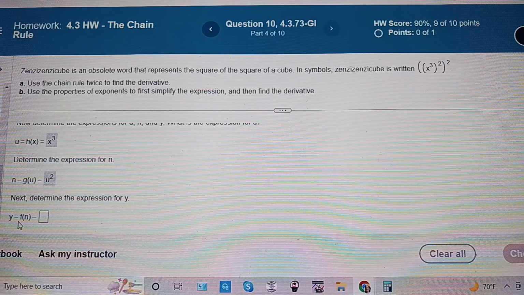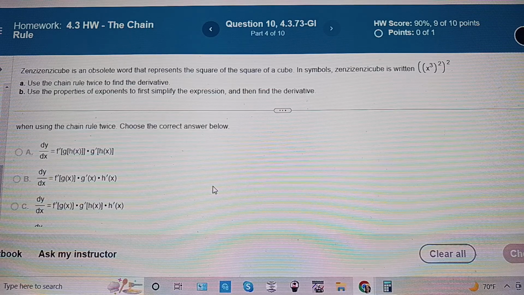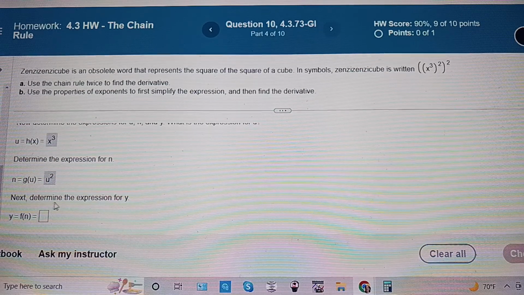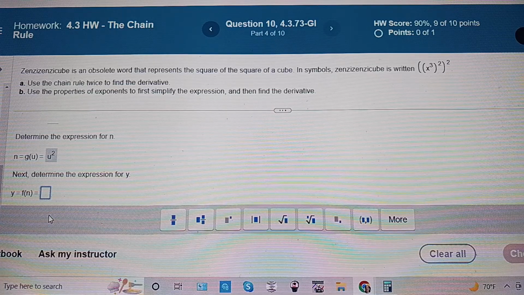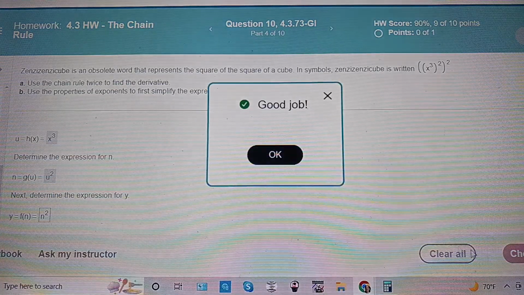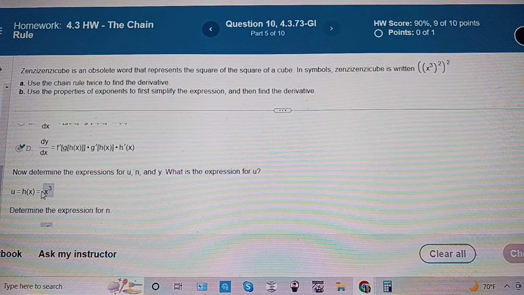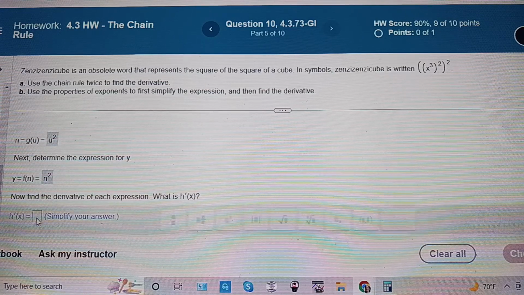So now find f of n. So that's the outer one. So again, there's something squared, but you have to use the letter they're giving you. So that one's n squared. So h prime of x, the derivative of x to the third is 3x squared.